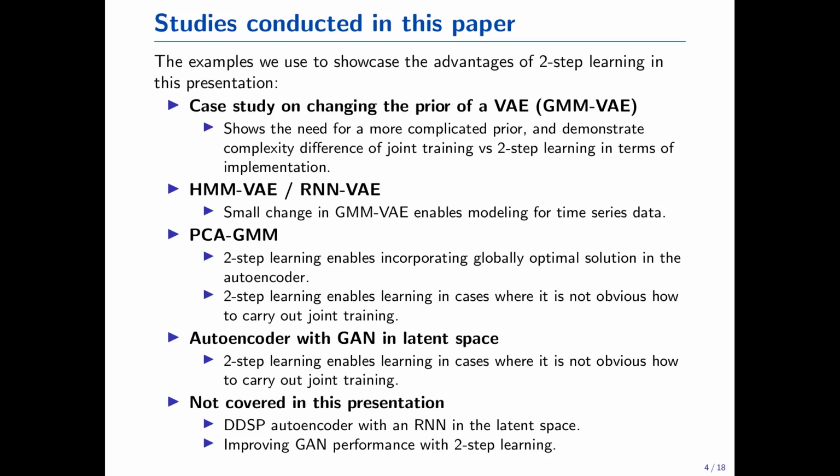And then we finalize the discussion with a case where we learn again in the latent space of an autoencoder. Note that in the last two cases that I just talked about, the joint training is not even obvious how to do, but with two-step learning, you can easily attack these cases.